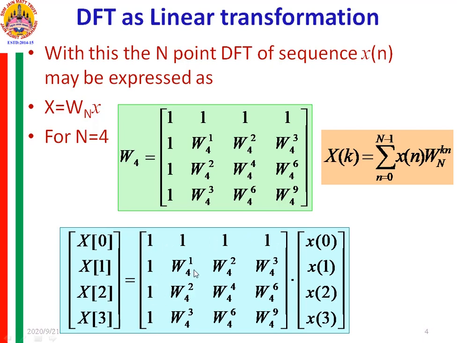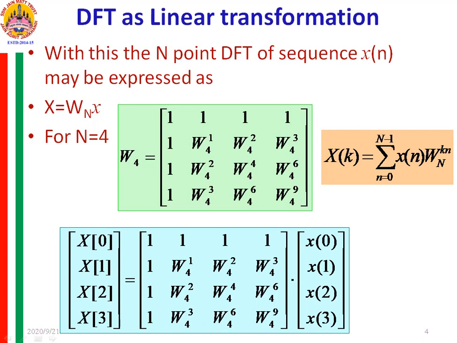And the second row is filled with W raised to 1n, W raised to 2n, W raised to 3n, and so on, up to W raised to (N minus 1)n. And the second row will be W raised to 2n, W raised to 4n, W raised to 6n, W raised to 8n, and so on up to W raised to 2 into (N minus 1)n.